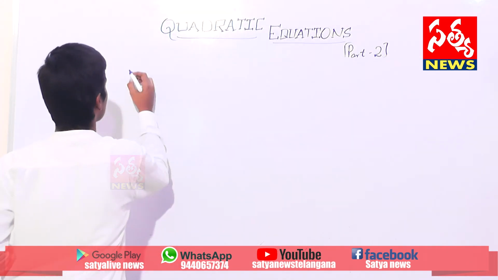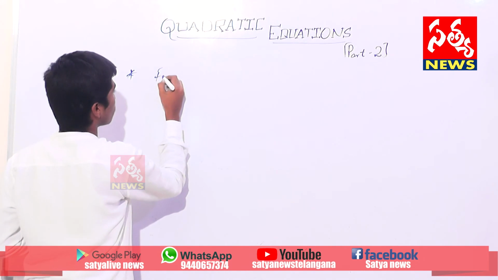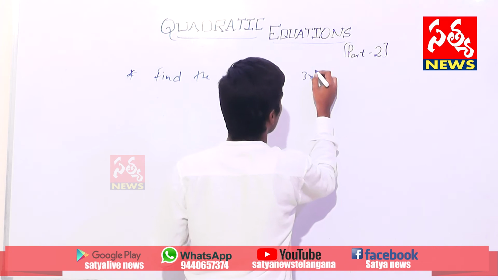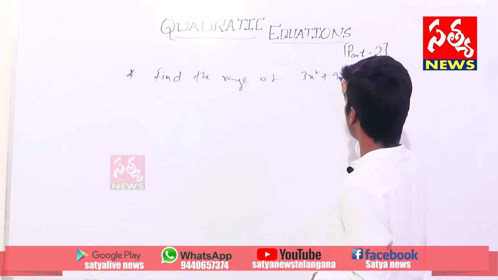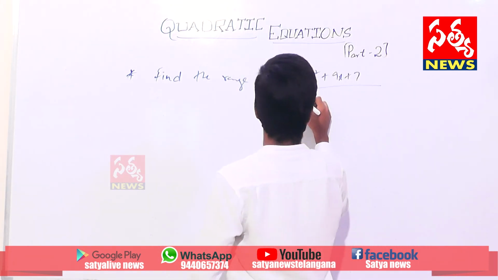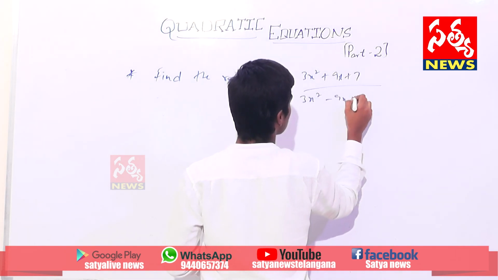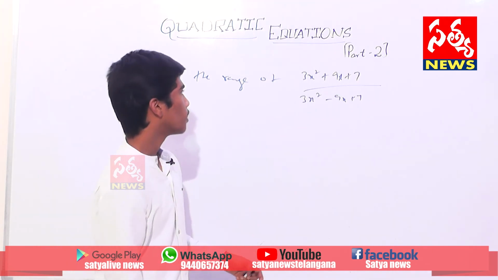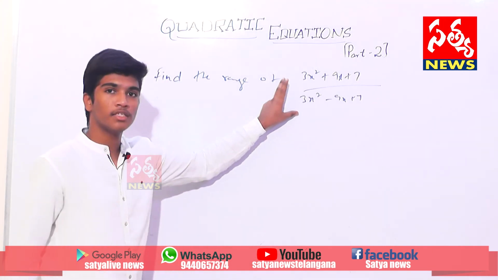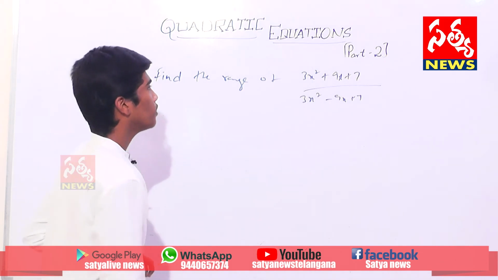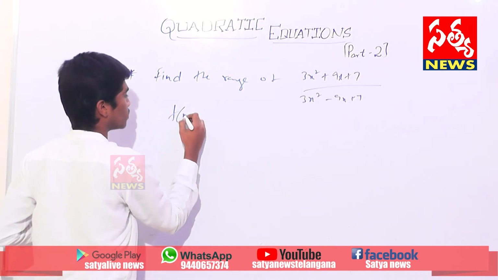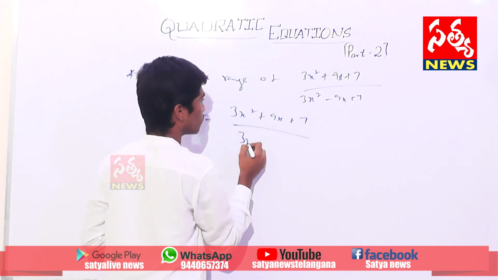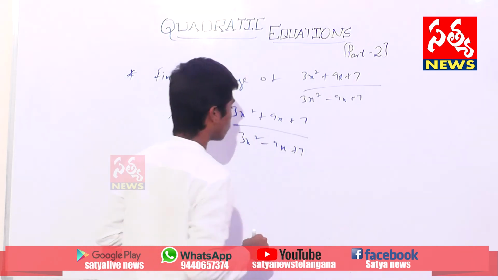And the next problem is, find the range of (3x square plus 9x plus 7) by (3x square minus 9x plus 7). See here, I have set these condition problems in part 1 at the last. First of all, assume that f of x equals 3x square plus 9x plus 7 by 3x square minus 9x plus 7.